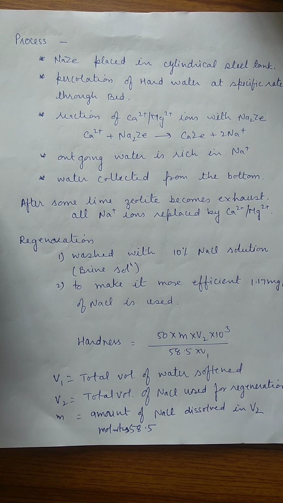What is the process of this zeolite? In this method, sodium zeolite is placed in a cylindrical steel tank. Then hard water containing calcium and magnesium salts percolates at a specific rate, and the reaction takes place.